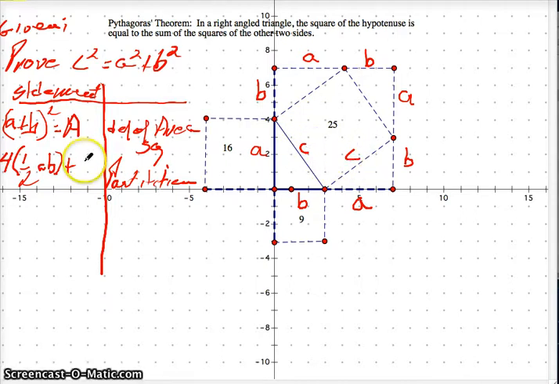That partition gives me the area of the square.